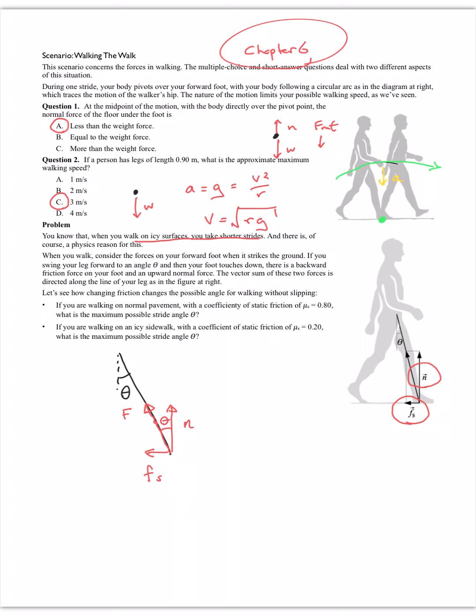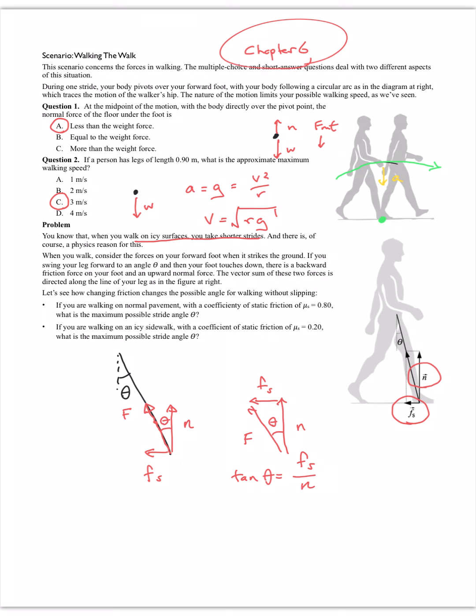Now, let's take a look at the triangle. If I take my normal force and my friction force and translate them so they're like that, I have the net force, the ground force, pointing like so. I have my angle theta here. The tangent of theta is equal to the friction force divided by the normal force.